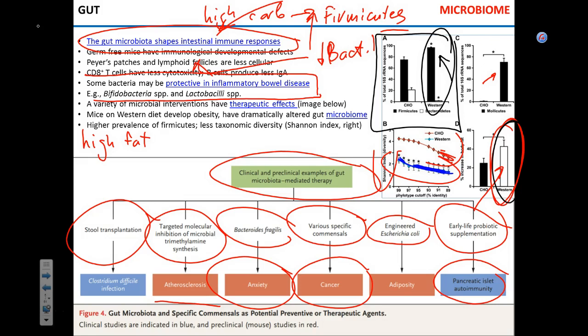You understand what I'm saying, right? You will notice the change in the bacterial population. High bacteroidetes, low firmicutes in 24 to 48 hours. So the change happens almost immediately. Your gut microbiome responds very quickly.